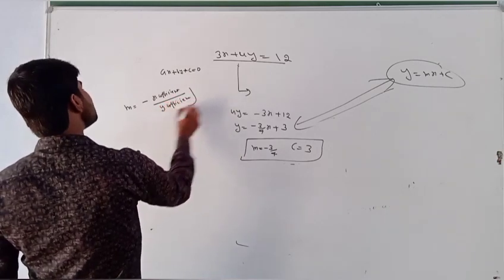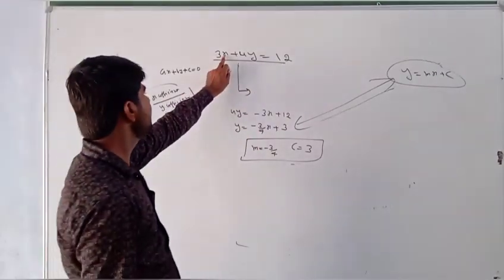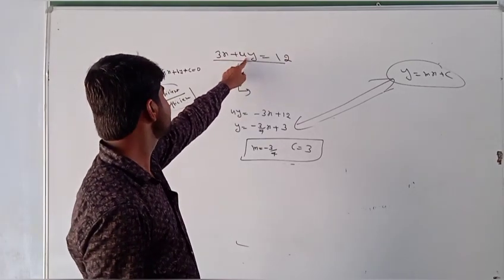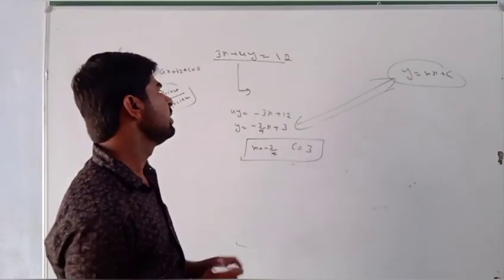This is the trick. So you need not convert all the things. The equation is 3x plus 4y equals 10. a is 3, b is 4.